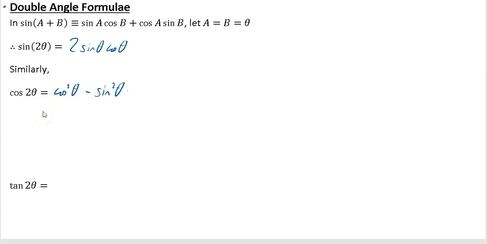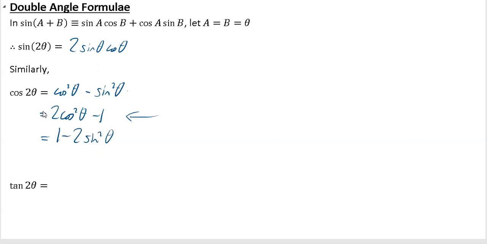So I'm going to give the two formulas and explain where they come from. This could be written as 2 cos squared theta minus 1, or it could be written as 1 minus 2 sine squared theta.